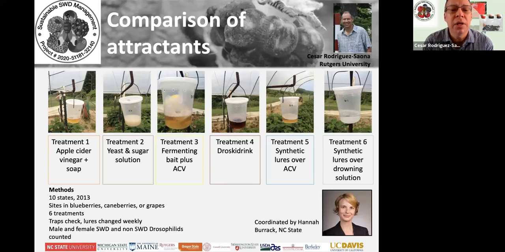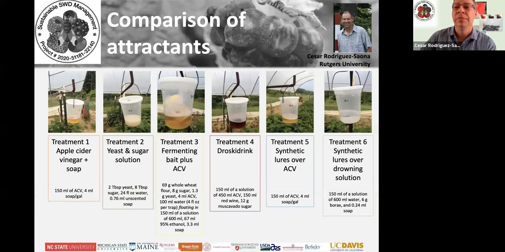This included apple cider vinegar, which was the bait that we originally used when spotted wing Drosophila first invaded the US, yeast and sugar, a fermenting bait plus apple cider vinegar, a Drosky drink, and 2 treatments with a synthetic lure, one with and one without apple cider vinegar.